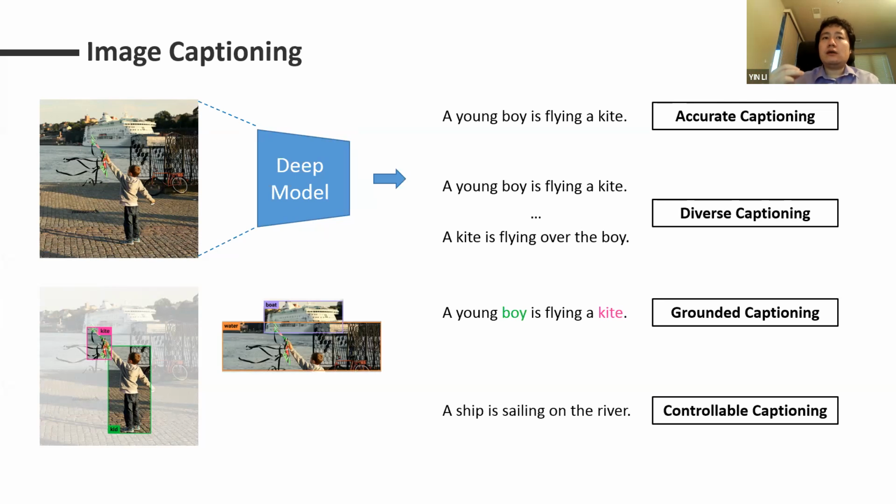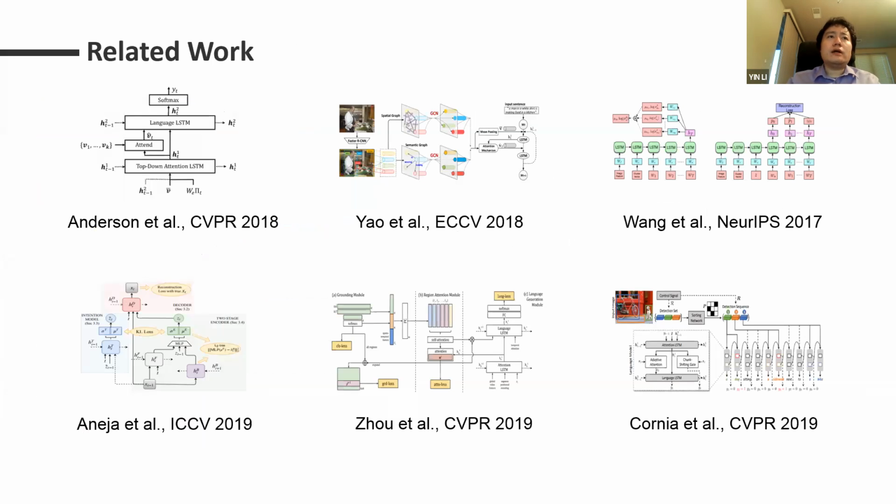The idea is that if I only present a subset of regions within the image, the model should generate a caption that focuses on this particular component of this image. So there's a bunch of work for image captioning, as you probably know. Some of them focus on the quality of the caption, some on diversity, some on controllability.